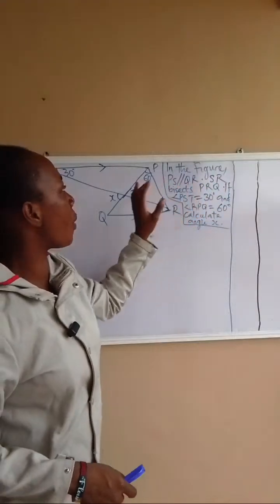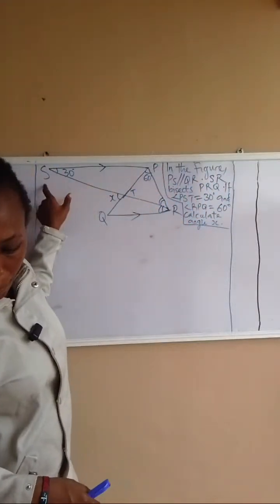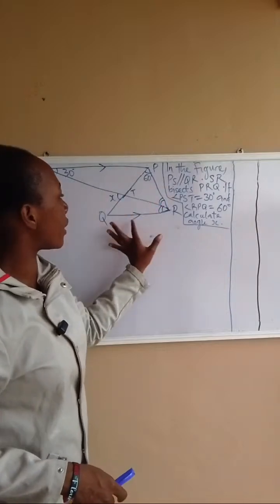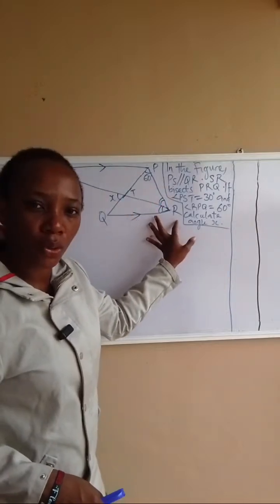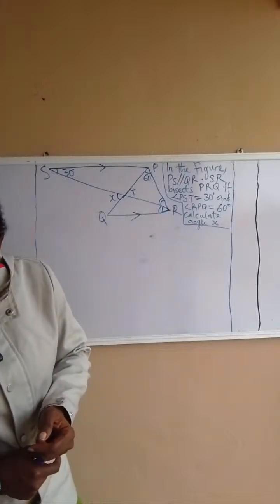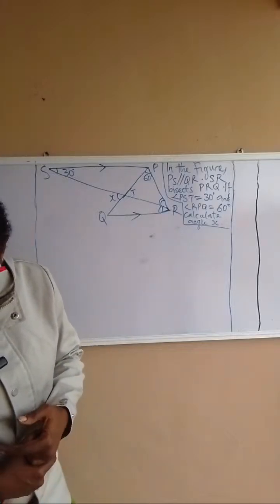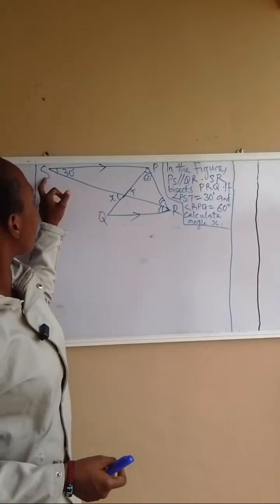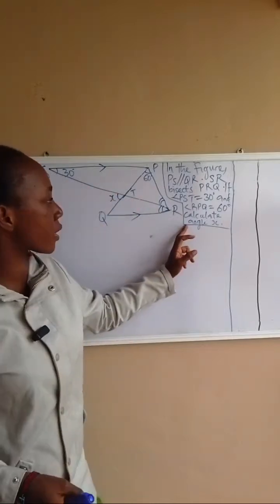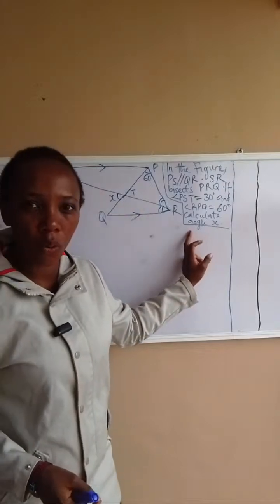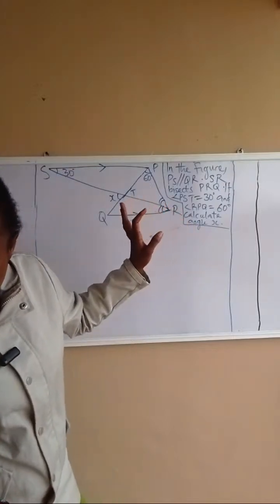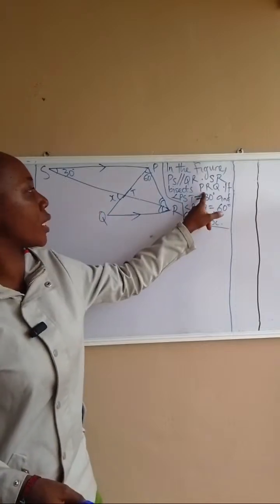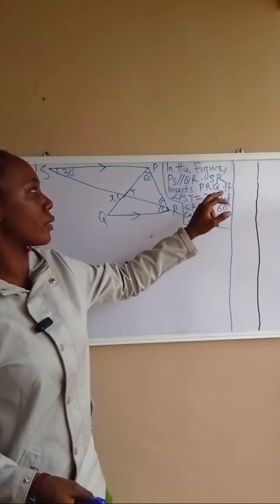It says in the figure, PS is what? Parallel to QR. Line PS is parallel to QR. SR bisects equally. Bisects what? Angle R, which is PRQ.